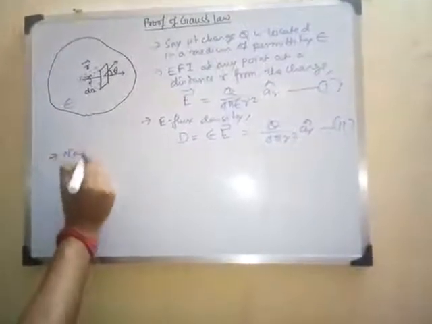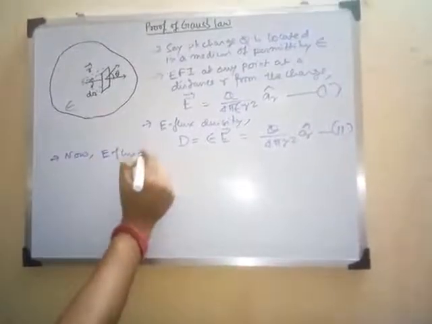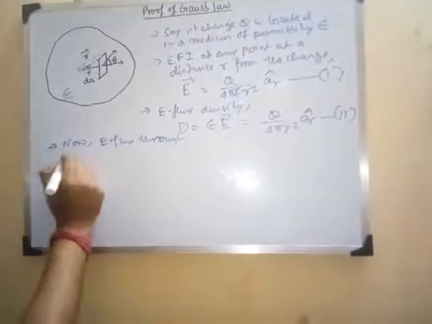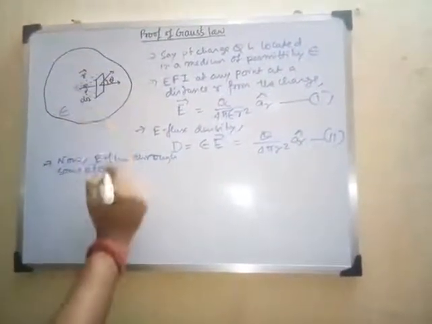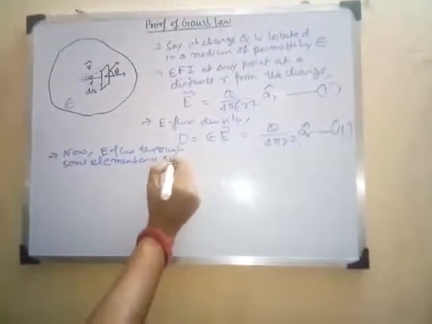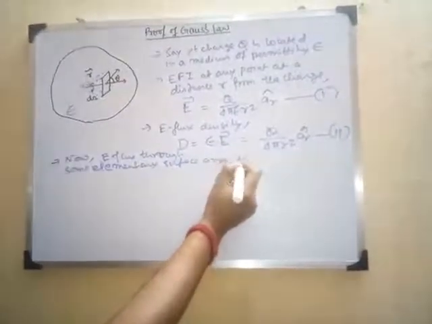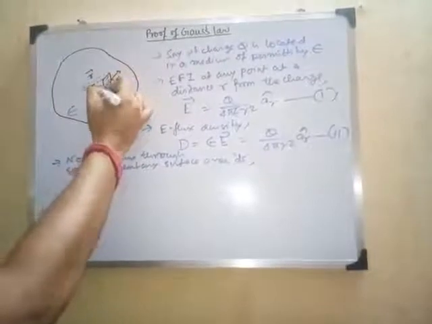Now the electric flux through some elementary surface area dS. That means we are considering this elementary surface, this one, right?